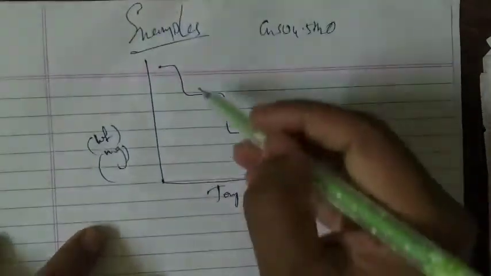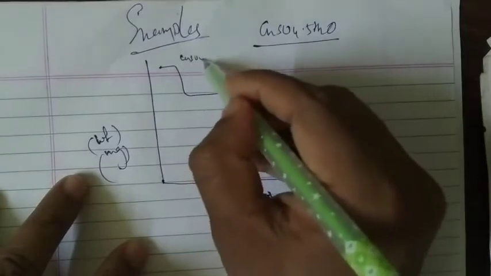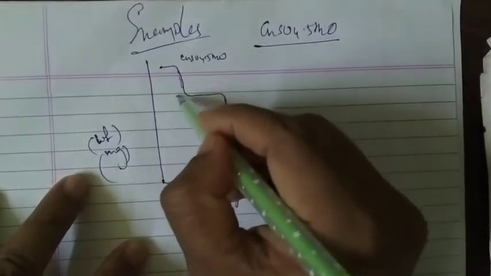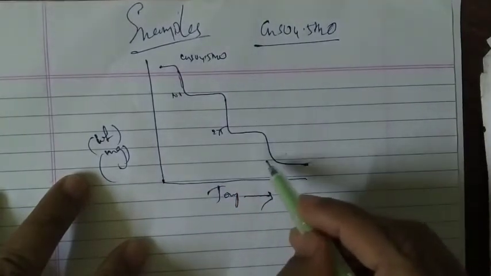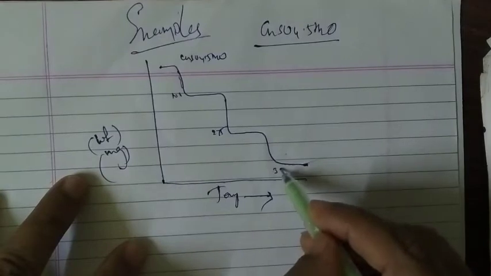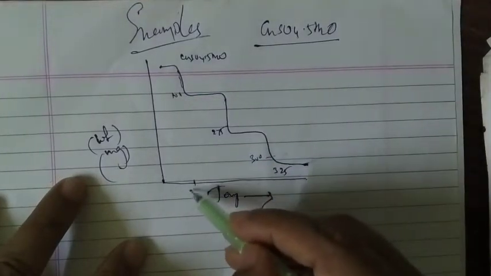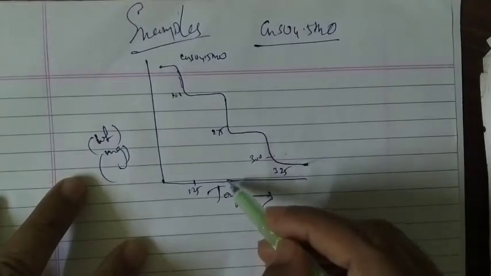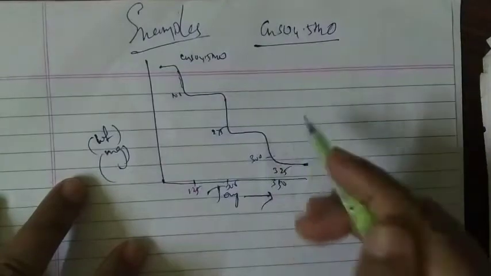So this is how we get the TG curve of copper sulfate pentahydrate, CuSO4.5H2O. Somewhere here is 100 degrees, here 275, and here 300 or 325. I have taken 100, 275 and 300, so you can take the scale like this and manage it. So this is the TGA graph of copper sulfate pentahydrate.